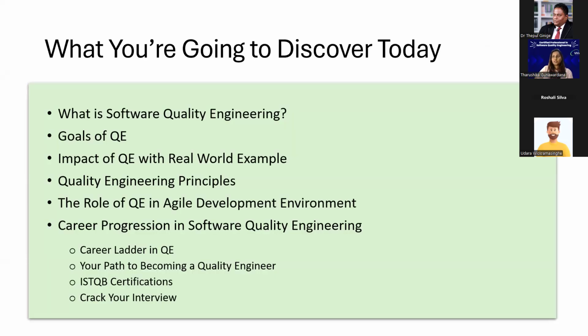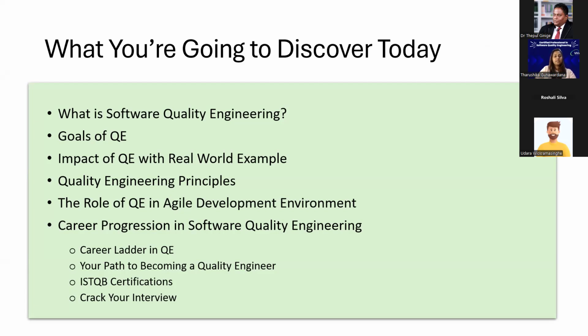what is software quality engineering, the goal of QE, and the impact of QE with real world examples. In there, we are going to learn why QE is really important, what happens without QE, and how QE makes a project successful. Likewise, we will learn about the impact of quality engineering with real world examples.